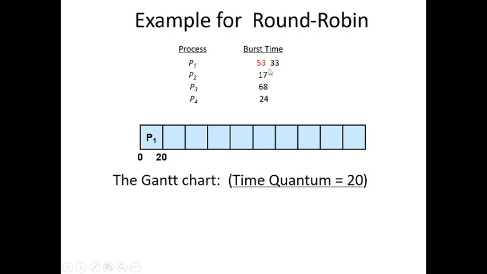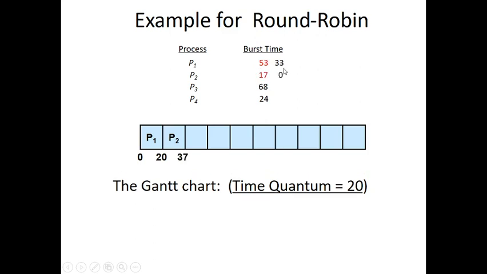First of all, P1 is given 20 units of time. So out of 53 burst time, 20 units of P1 are complete, and remaining is 33. From 0 to 20, P1 gets the CPU and executes 20 units of 53. Next, at 20, P2 is given the CPU, because the quantum assigned to P1 is now over.